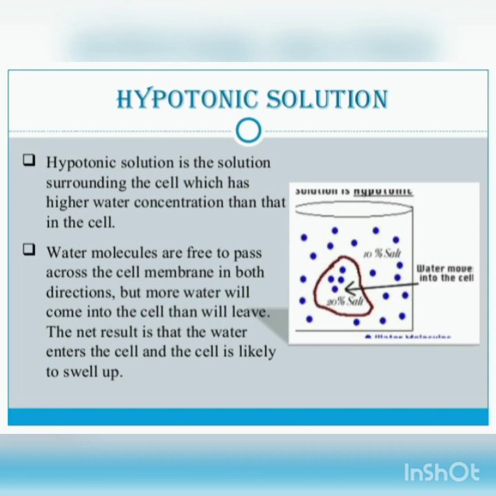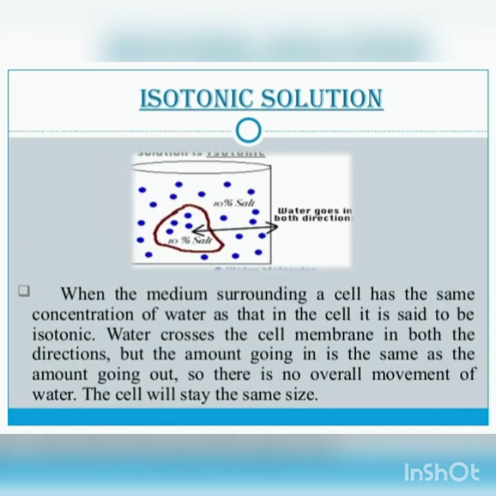The cell gains water and swells up by the process of endosmosis. Next is isotonic solution. In this, the medium surrounding a cell has the same concentration of water as that present inside the cell. Water crosses the cell membrane in both directions.